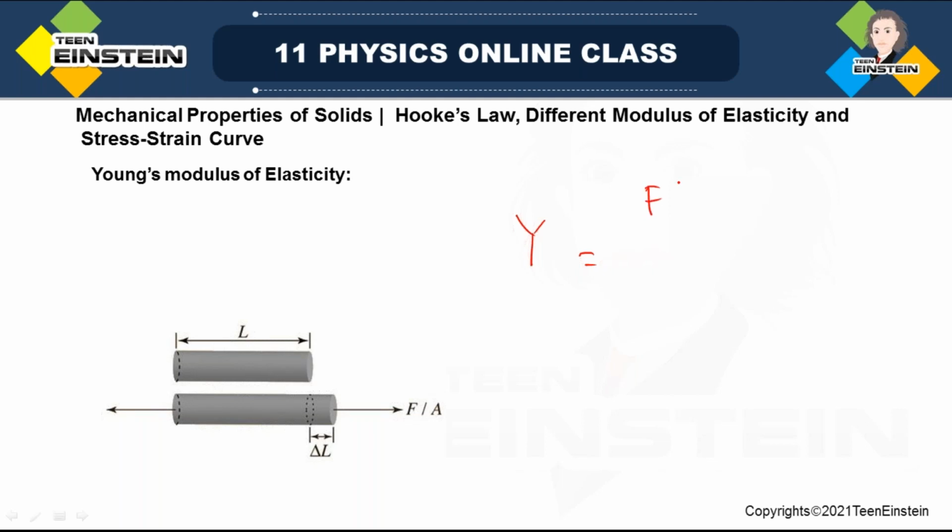Stress is F by A, and strain is delta L by L. If we solve this, you will get F into L divided by A into delta L.